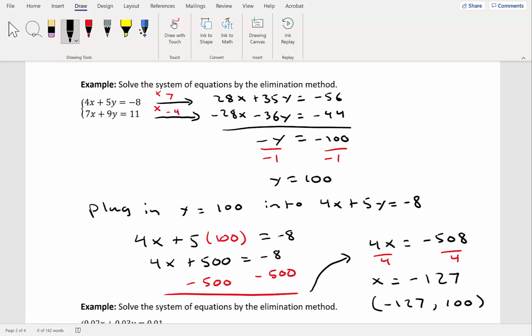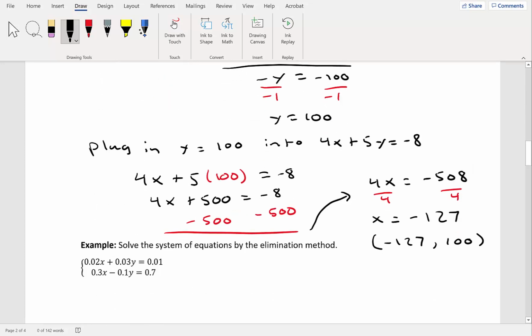Let's take a look at another problem, a little bit more complicated. This time we're dealing with decimals. Previously in section 1.1, we saw equations that had decimals in them, but we learned a strategy to get rid of those decimals.